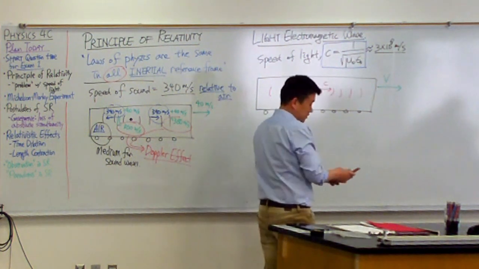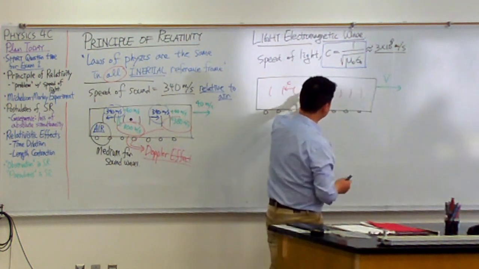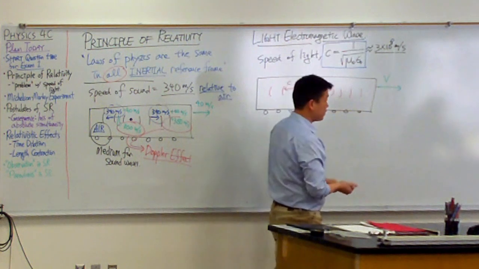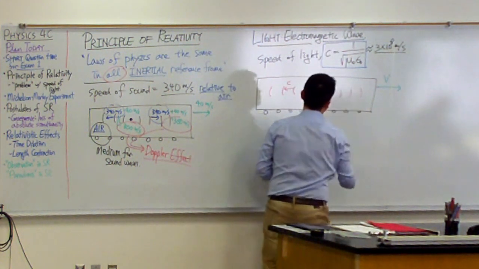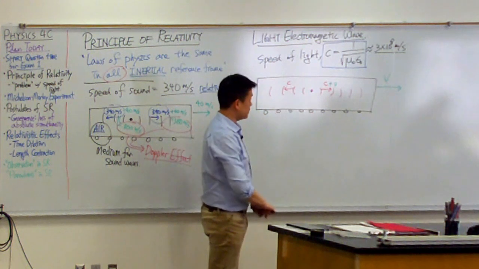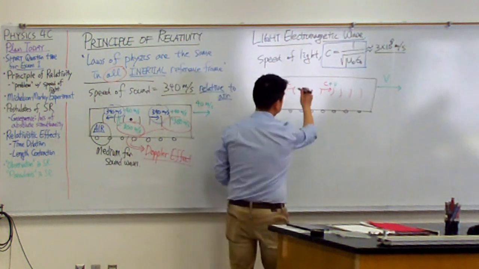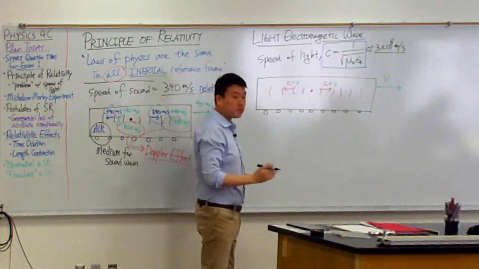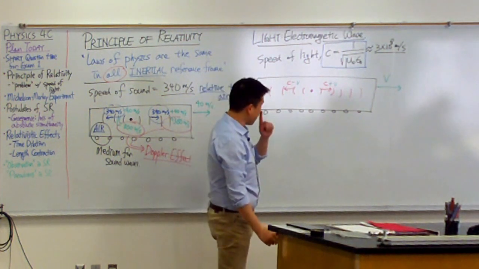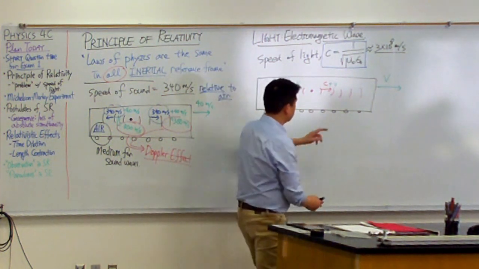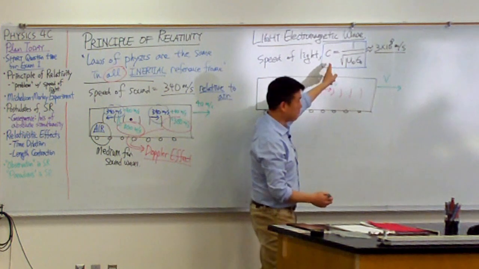Yeah, your intuition says that, well, the source is moving at speed v, so it's the speed of the source plus the speed of the wave. That's how fast it should move. And here, this is how fast it should move. That's what your intuition tells you. And this is where this leads into a bit of a problem.